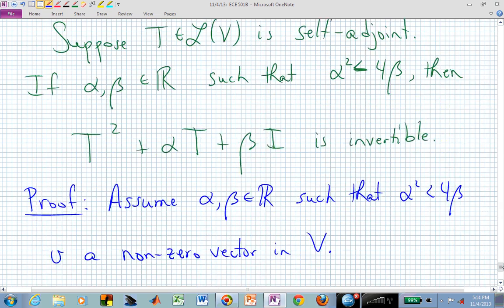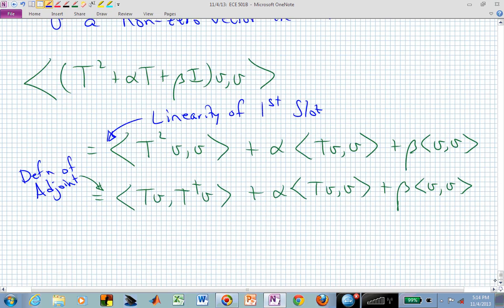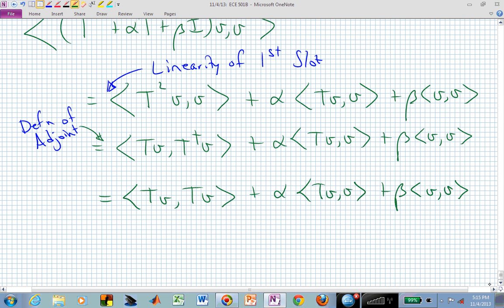Now, did I say anything about T? I said T was self-adjoint, didn't I? So now what do I know about that T adjoint in the first inner product term? It's just equal to T, isn't it? So now I have TV inner product with TV plus alpha TV V plus beta V V. But now I can clean that up a little bit because I have vectors inner product with themselves.